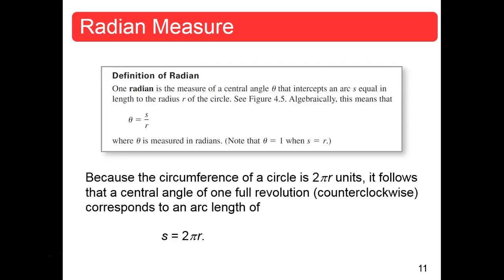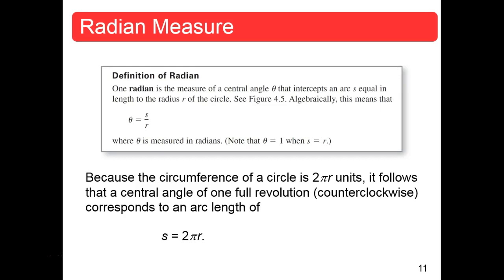Right? This definition, if you were to multiply both sides of this equation by r, you'd have S is equal to theta times r. Well, if that's one time around, that is your circumference, and that would then be 2 pi r.